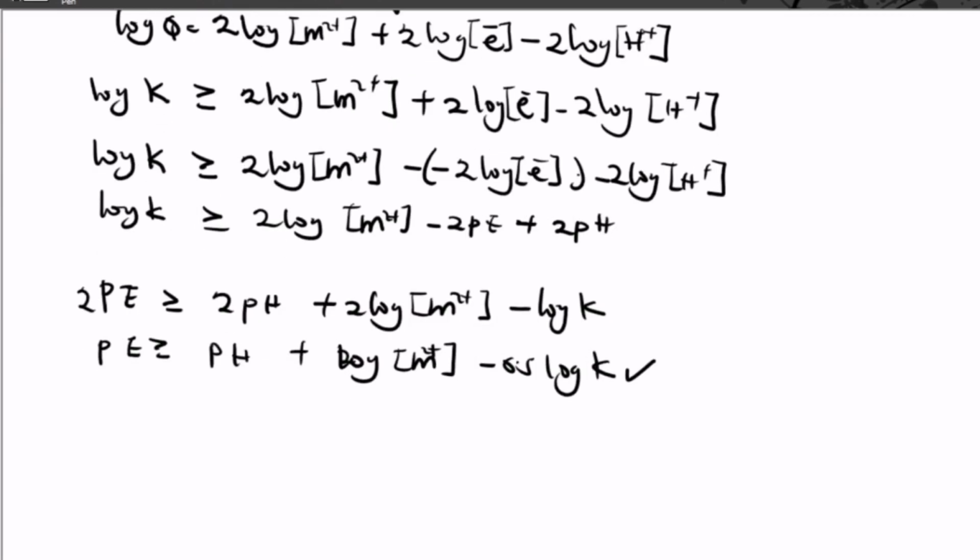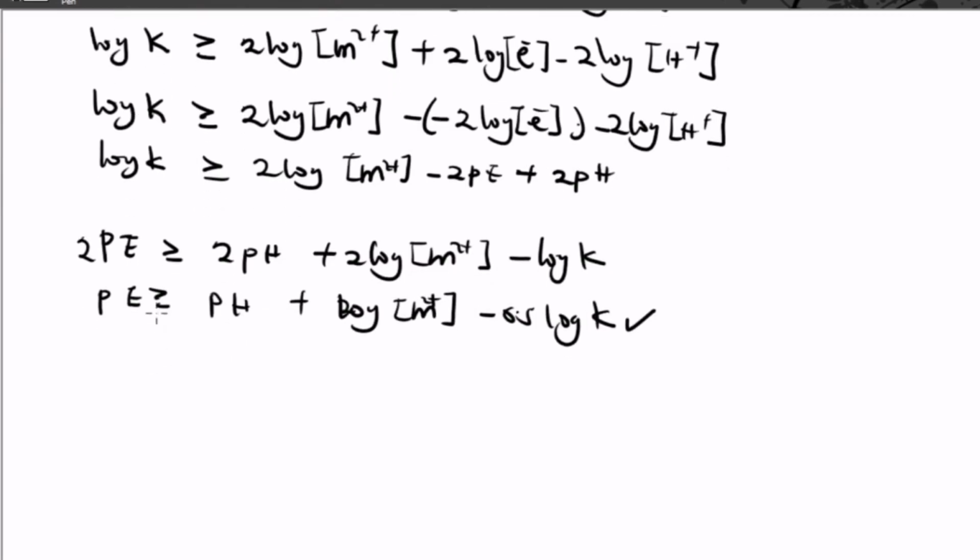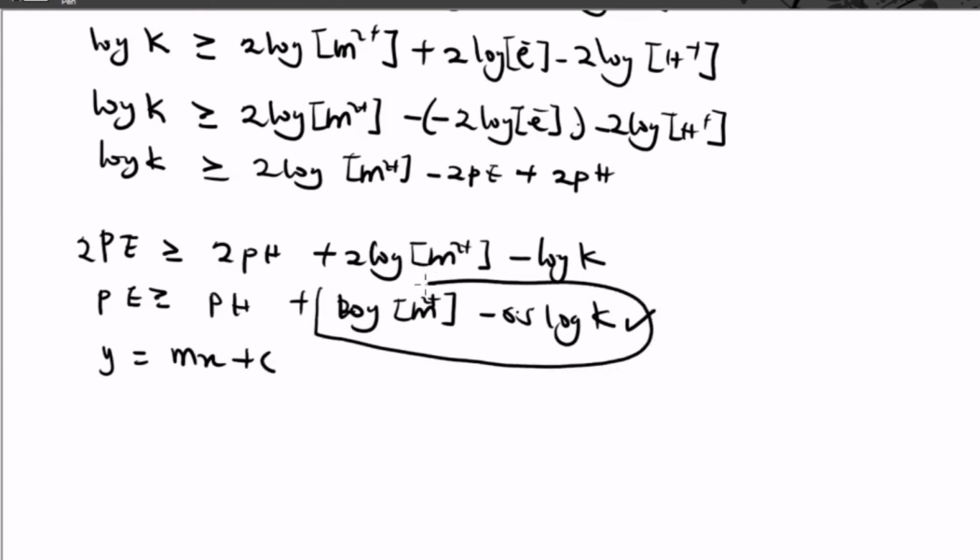For our stability diagram, we know that this is a forward reaction, right? And for the forward reaction, more of the product is formed. Now this looks like the equation of a line, so we have y equals mx plus c. This represents the mx, so the gradient will be the number in front of that, and this represents the constant.